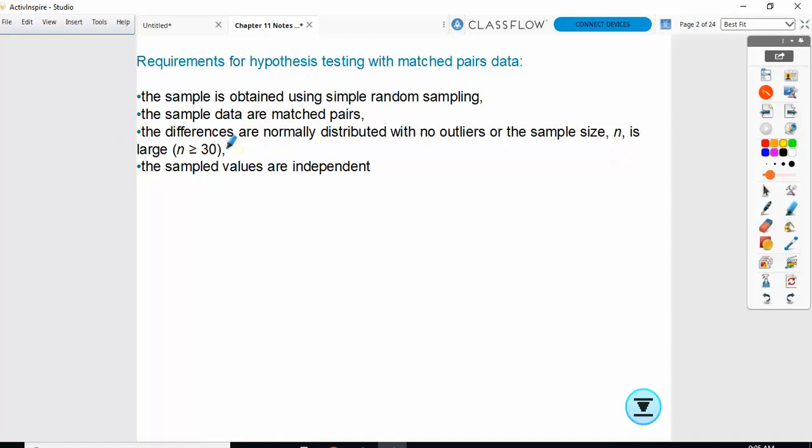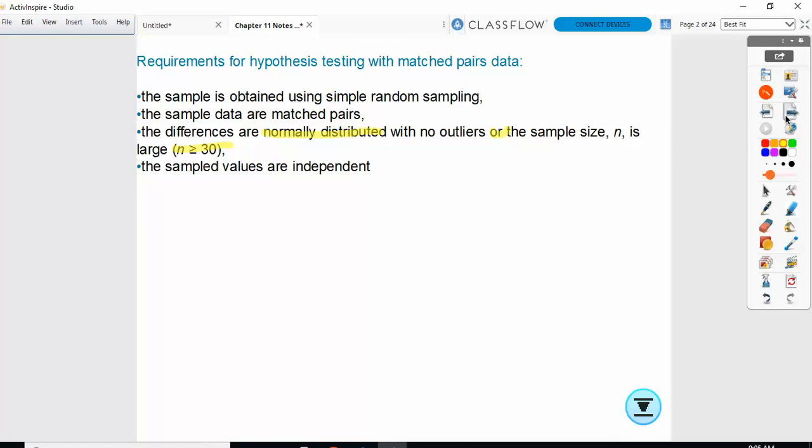The main one that we need to focus on is normally distributed or n greater than 30, and they have to be independent. So when I ask you to check criteria, we're talking about means or proportions, and everything we're doing with this chapter as well. Today we're focusing specifically on the means, so we know that anytime we're talking about a mu, our sample has to be bigger than 30, and we've used that for a while now.